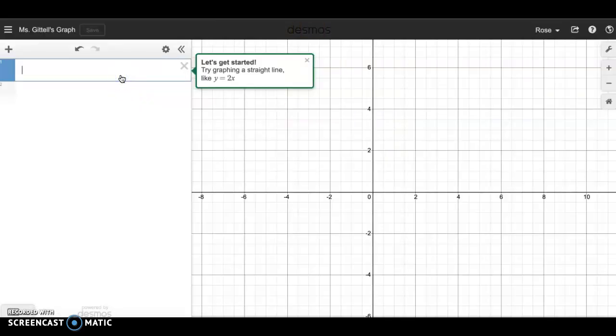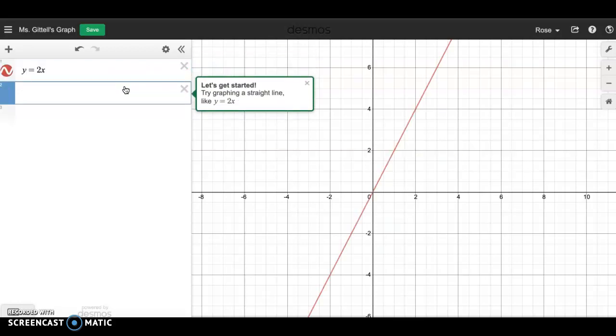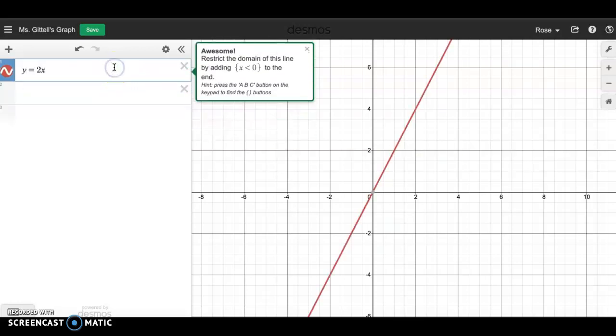Okay, so we're going to get started graphing a straight line like y equals 2x. Okay, and then it says restrict the domain of this line by adding x is less than 0 to the end.